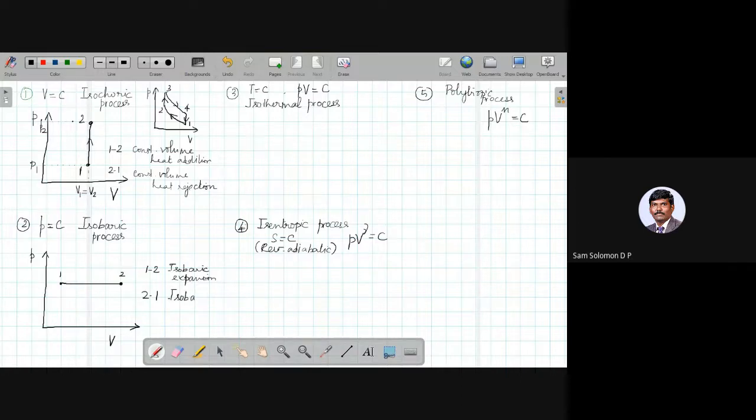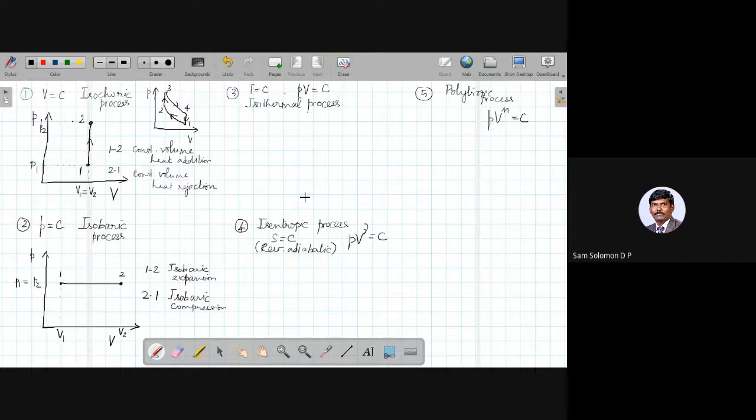So that is isobaric compression, a compression wherein the pressure is kept constant but the volume is reduced. You can see that on the y-axis, P1 is equal to P2. On the x-axis, you have a different volume at 1 and a different volume at 2, which are V1 and V2.